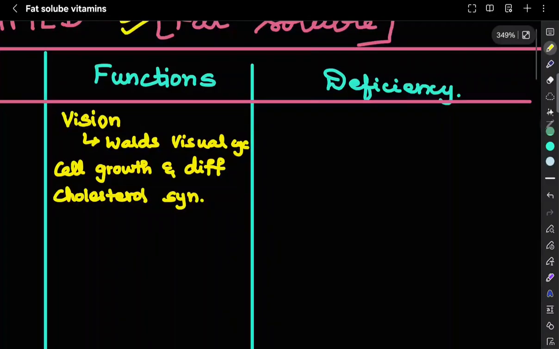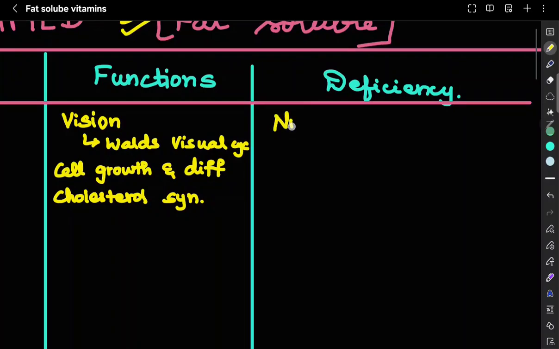So now deficiency. Since its function is vision, then deficiency will automatically lead to blindness. So especially night blindness in case of vitamin A. Night blindness. And then we have conjunctival and corneal xerosis.